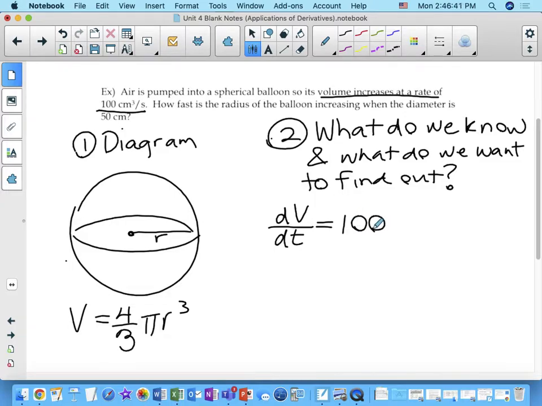We know that. What we want to know is how fast the radius is increasing with respect to time when the diameter is 50.